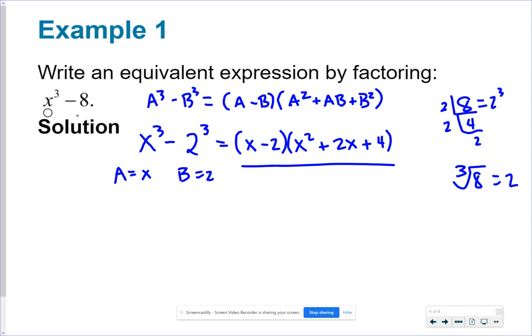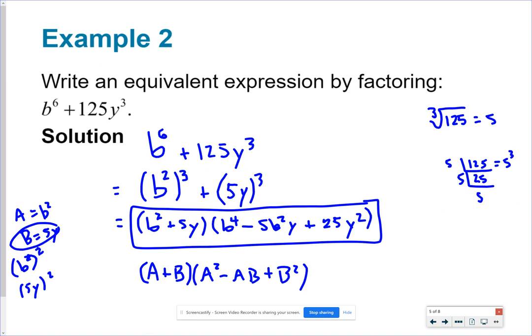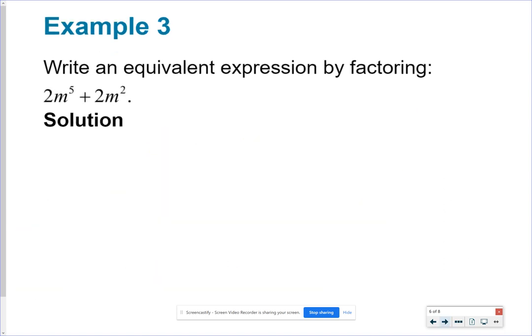No. Example 2, no. But here, we do have a GCF. Each of these is divisible by 2, and each of them is divisible by m squared. Remember, you always take out the GCF first. So first thing we're going to do is we're going to factor out the GCF.